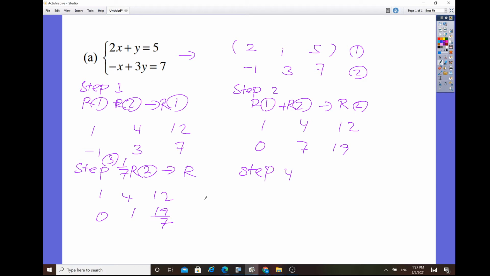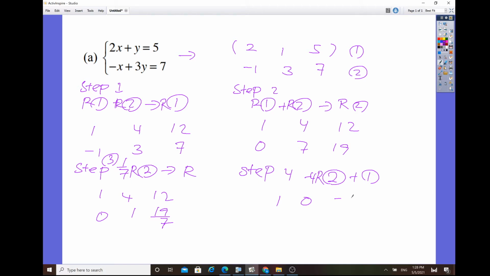Let's multiply the second row by -4 and then add it with row 1. So 0 times -4 is 0, plus 0. 1 times -4 is -4, plus 4 is 0. 19 over 7 times -4 would be negative.